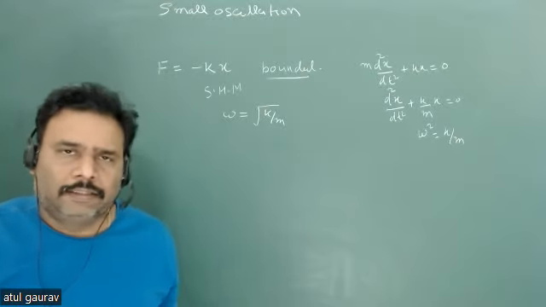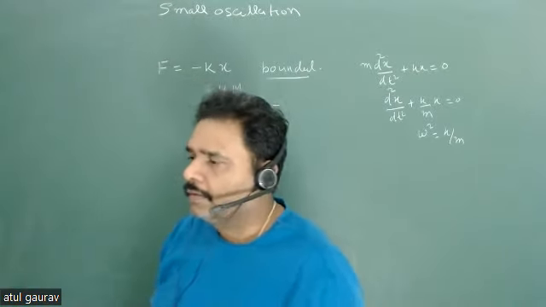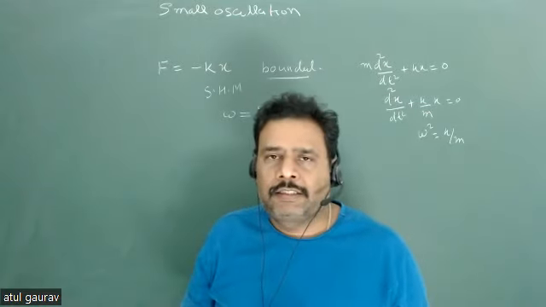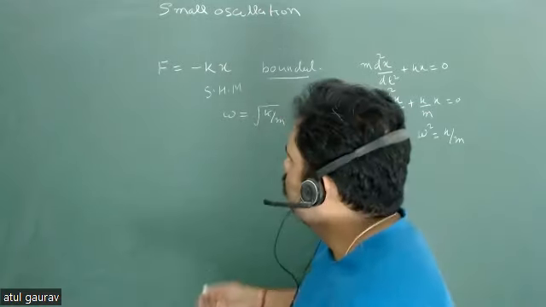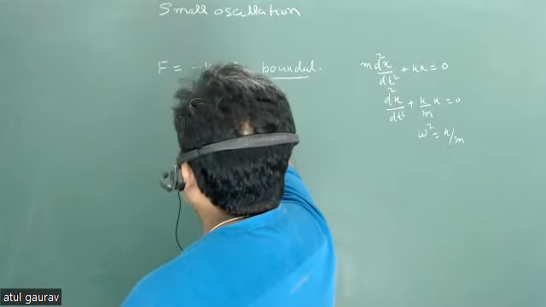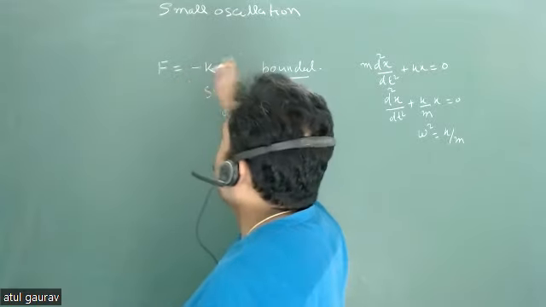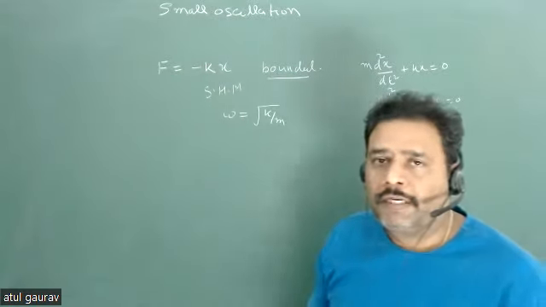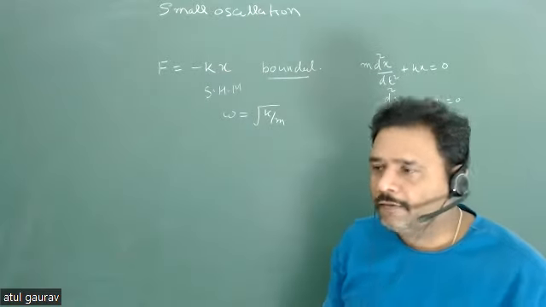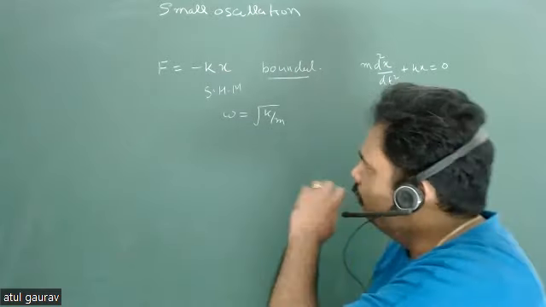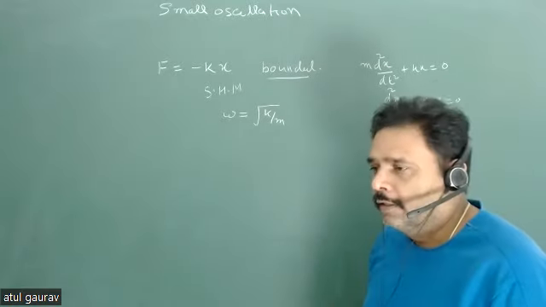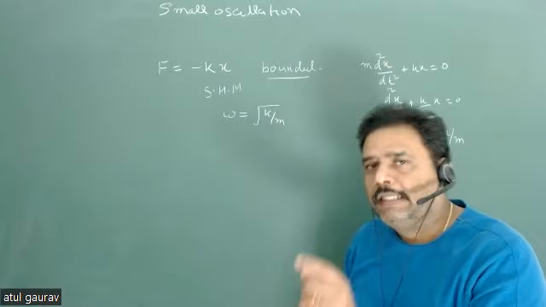This is very trivial and very simple. But suppose I have an oscillatory system where force is not linear, then obviously omega is not constant. We can see this in different lectures. Today we are going to focus mainly on the part where force is linear in nature.